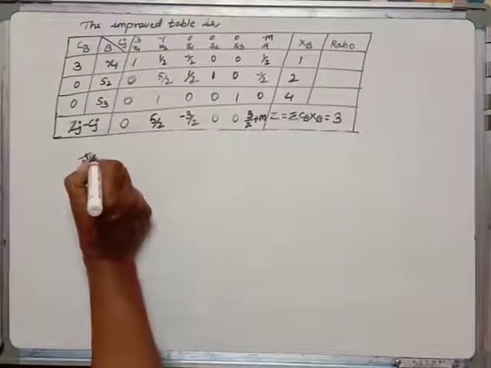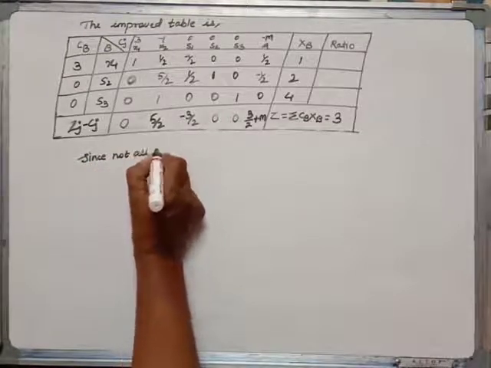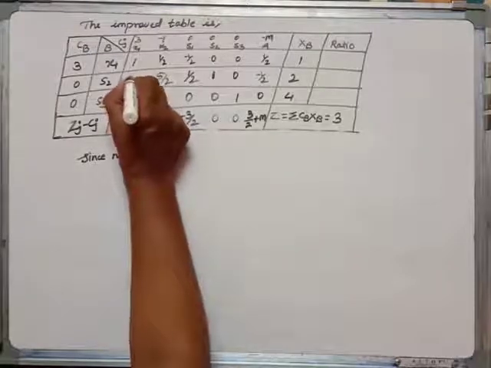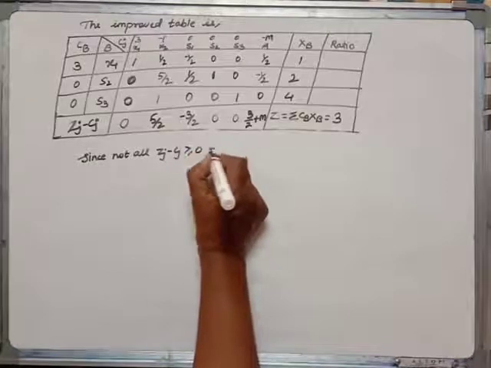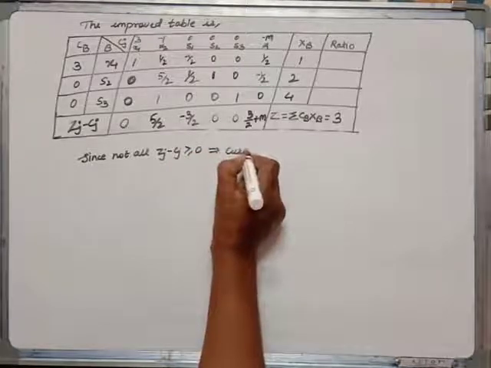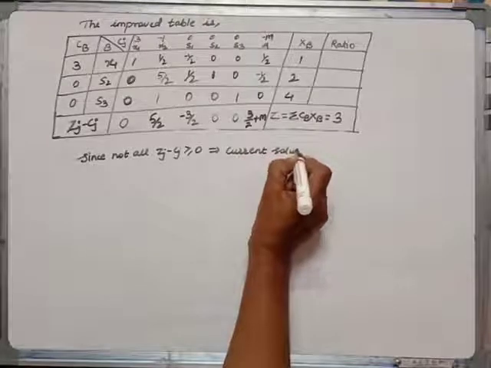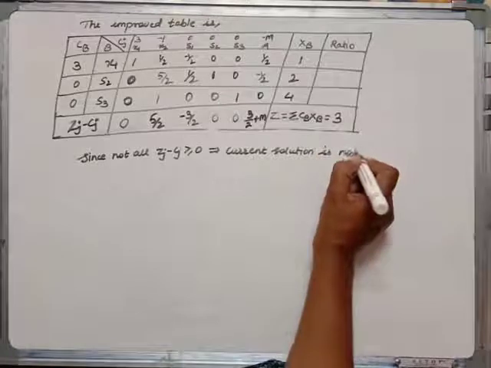Since not all Zj minus Cj are greater or equal to 0, this implies the current solution is not optimal.